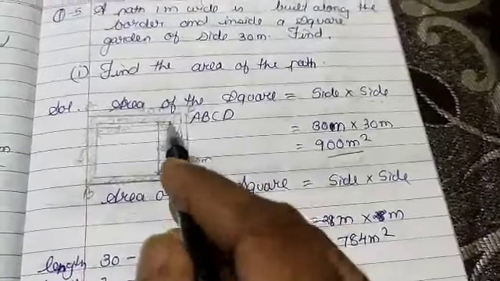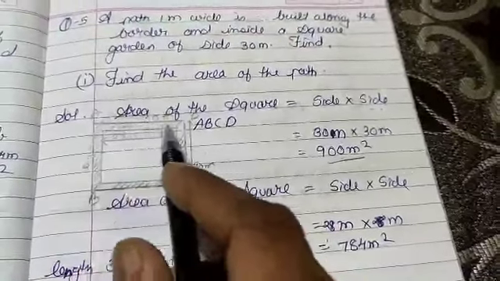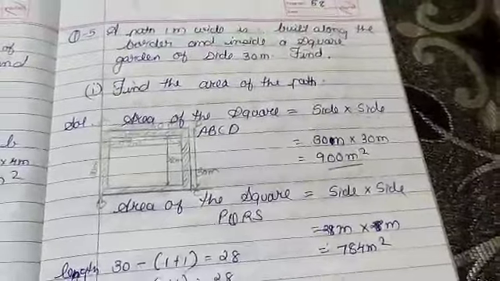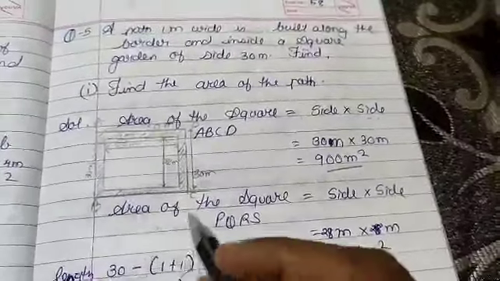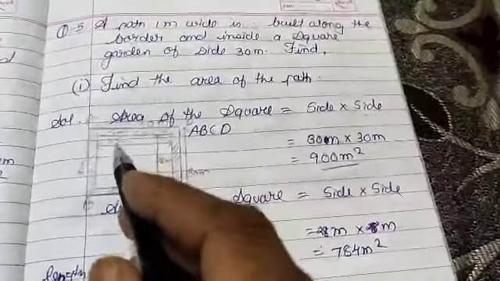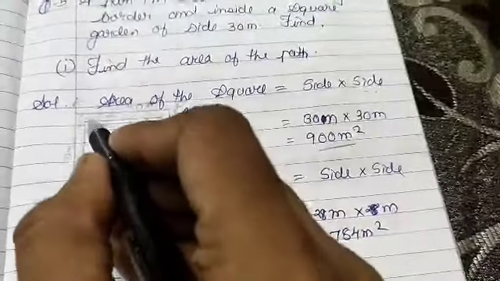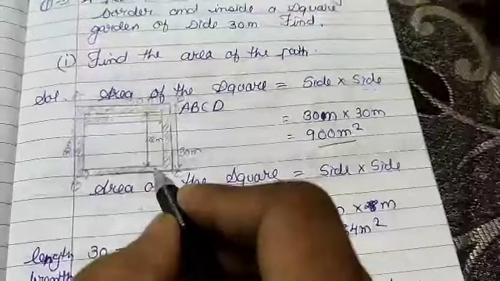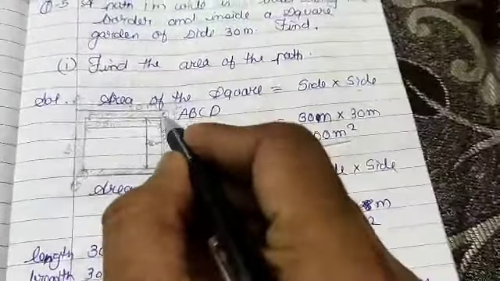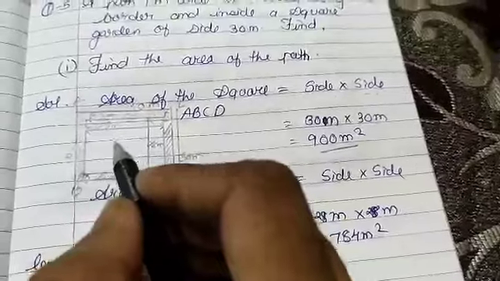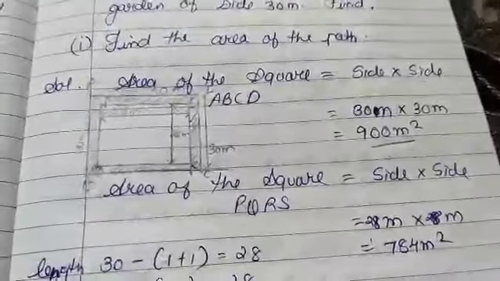Now there is a path of 1 meter along the border and inside the garden. So what will we do to find the area of the path? Let us name the inner rectangle PQRS. We need to find its length and breadth.